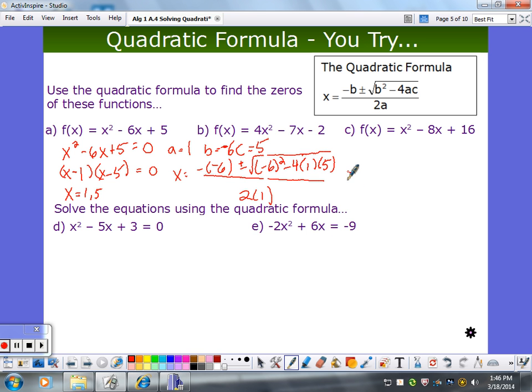All right, let's see. Negative negative 6, plus or minus the square root of negative 6 times negative 6, and then minus 4 times 1 times 5. What's that, Clint?